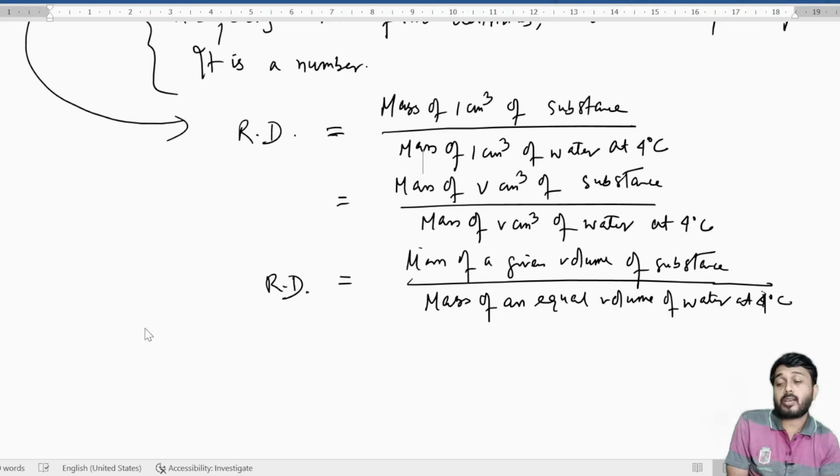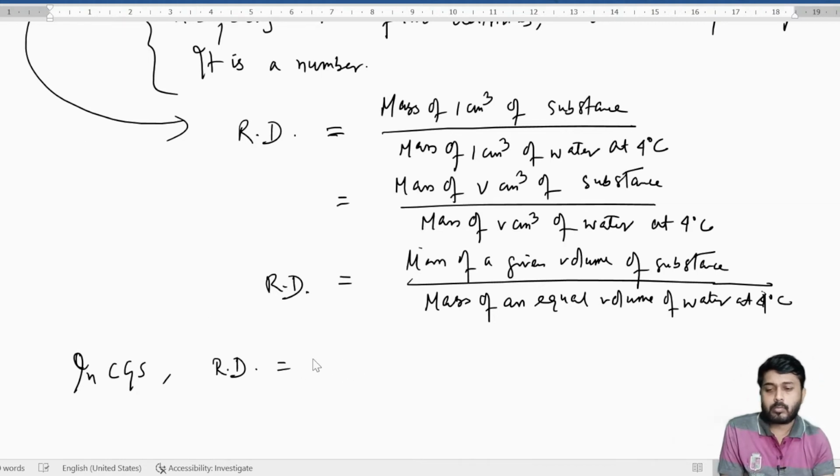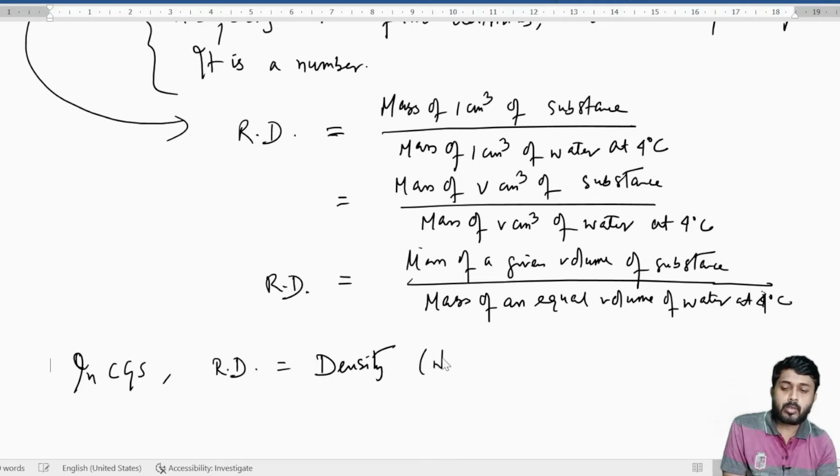Now have a look at the thing that relative density in CGS is equal to the numerical value of the density of a substance. Why? Because you know in CGS, RD equal to the density, the numerical value.